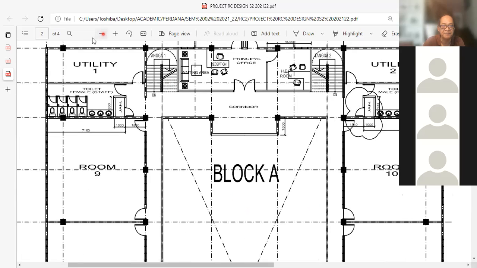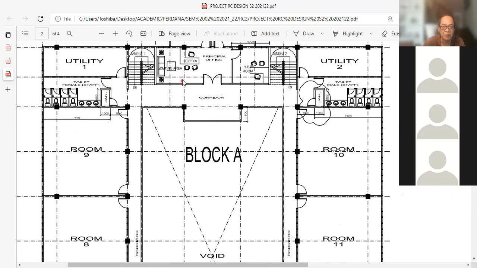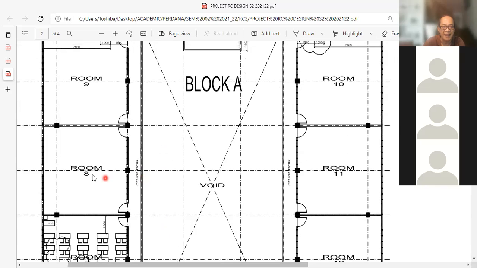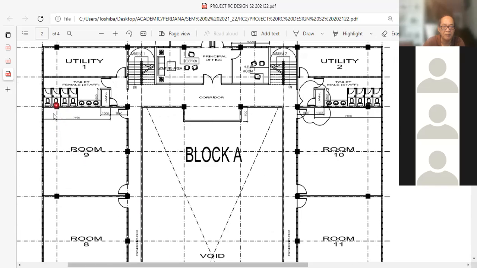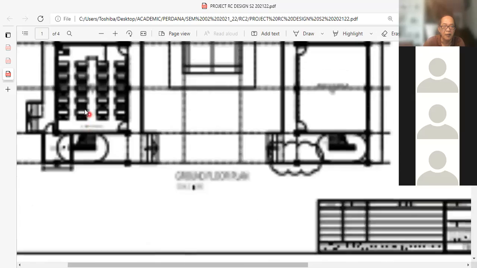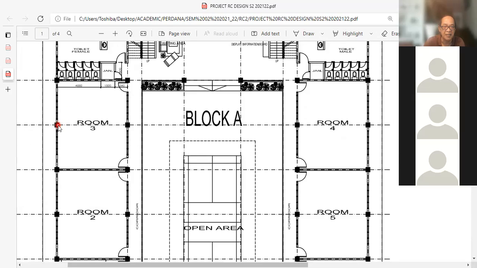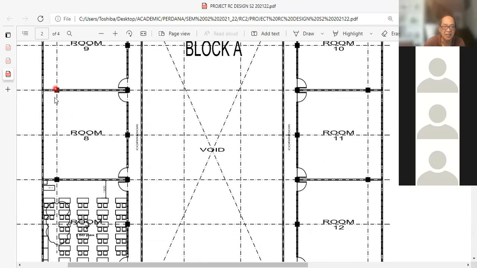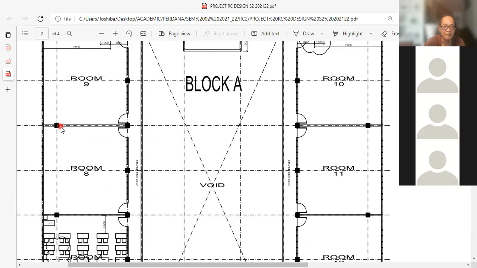For example, I'm now looking at the first floor plan. And clearly in this first floor plan, because the columns were located on the ground floor here, in this position, at first floor the columns are located somewhere here.